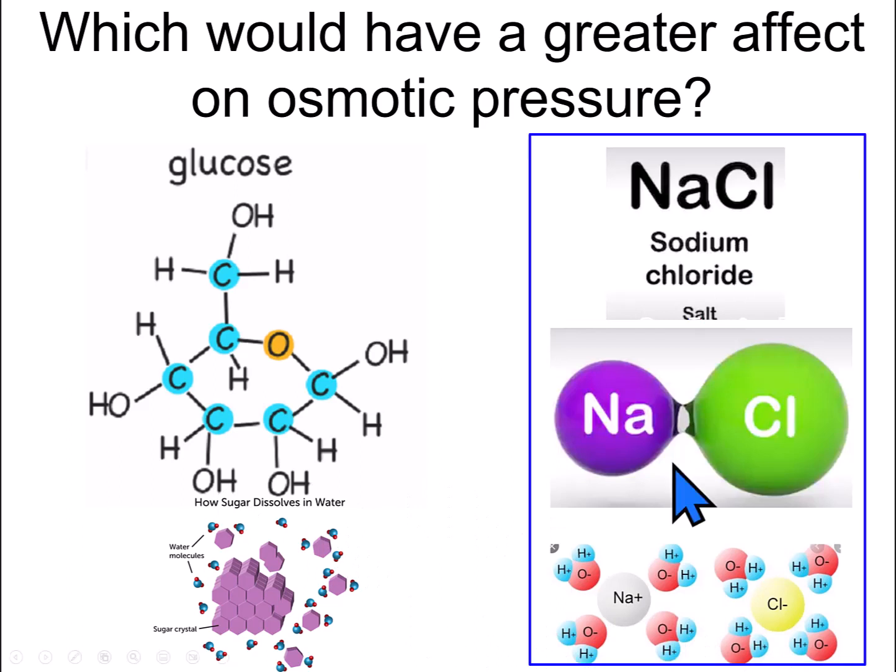Answer: sodium chloride. Even though sodium and chloride are a lot smaller than glucose, the size isn't the factor here. It's the number of particles. And when you dissociate this 1 sodium chloride into sodium ions and chloride ions, each has an effect on osmosis. So this 1 sodium will have the same effect as 1 glucose. Now, with sodium chloride dissociating, you've got twice the effect of 1 glucose molecule.